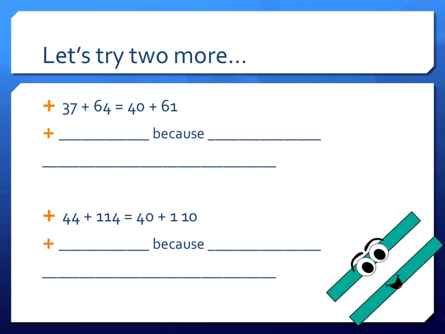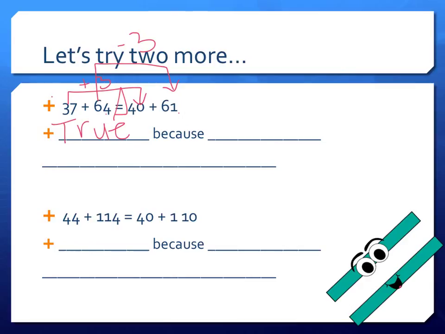Let's look at 2 more. I want to balance my equation. So if I go from 37 to get to 40, that's 3 more. The opposite of 3 more is 3 less. Is 64 minus 3 61? It is. So I know my equation is true.